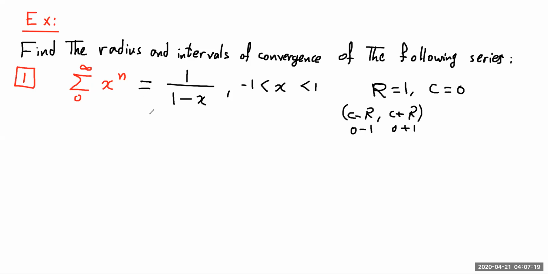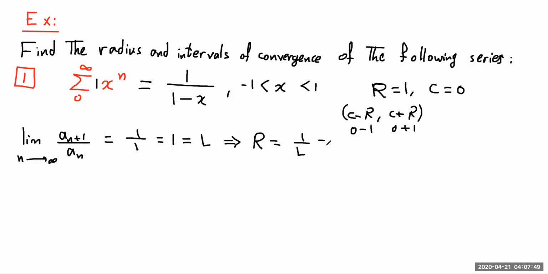But let's verify that using our rule. What is the term a_n here? It's 1. So let's take the limit of a_(n+1) over a_n when n goes to infinity. It's the limit of 1 over 1, so it's 1. This is L. So what is R? R is 1 over L, also 1. What is c, the center?